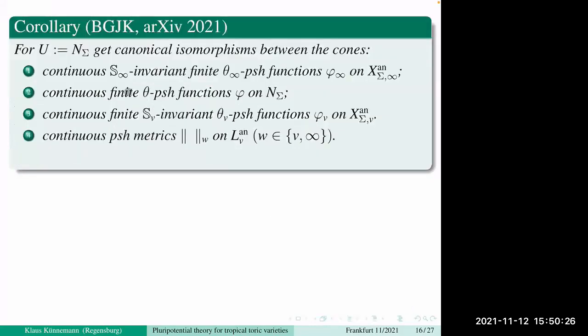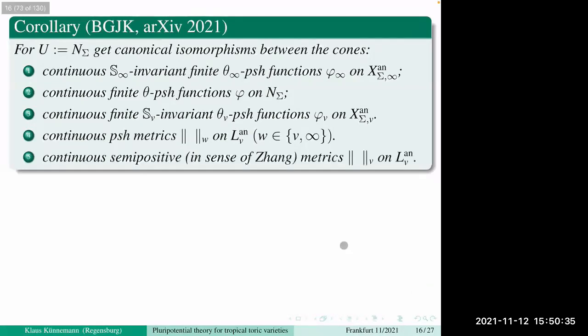And if U is the whole space, then you can even add one other characterization, namely it's also equivalent to the continuous semi-positive metrics here. So in the non-Archimedean world, PSH is a kind of analytic definition using forms, whereas semi-positivity in the sense of Zhang is a kind of algebraic notion.